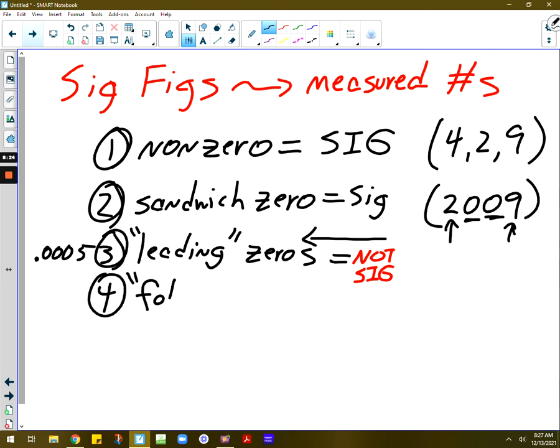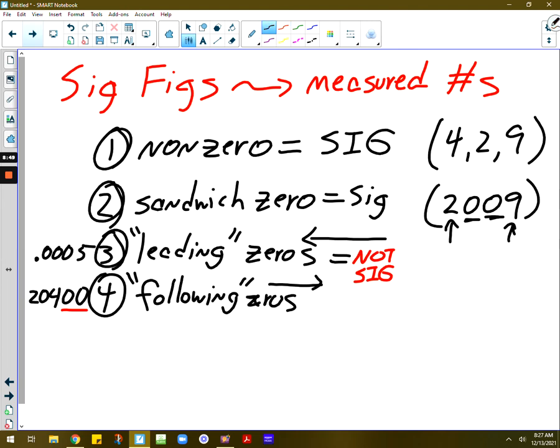Following zeros, which are the ones that are to the right of a measured number, or to the right of all the non-zeros, so like 20400, that would be these two zeros right here.